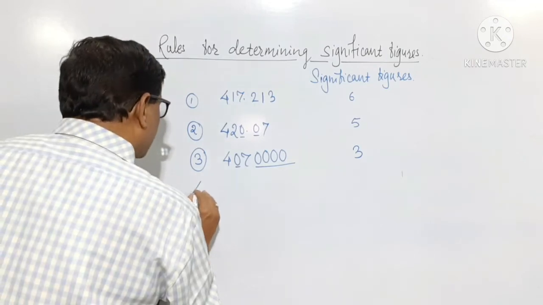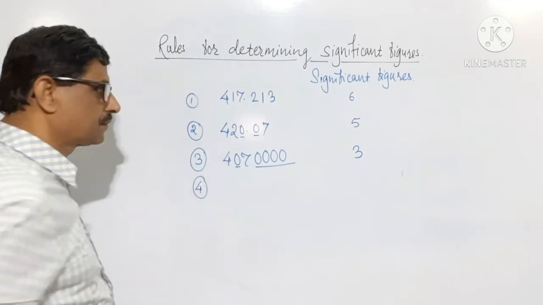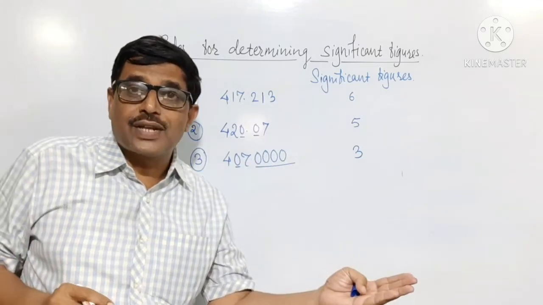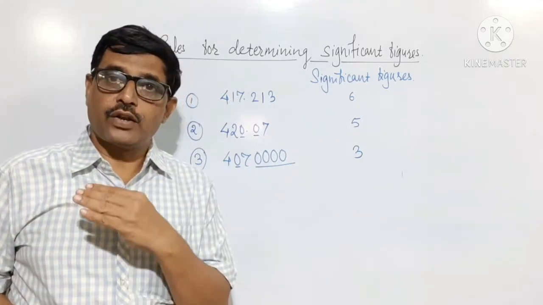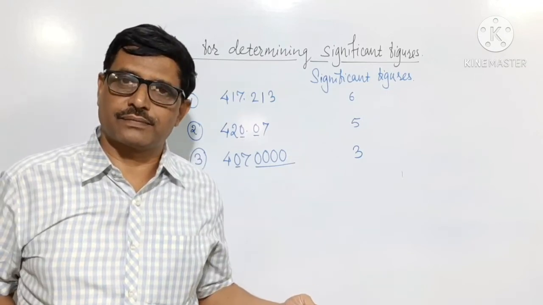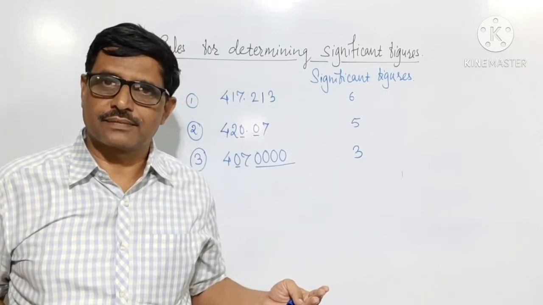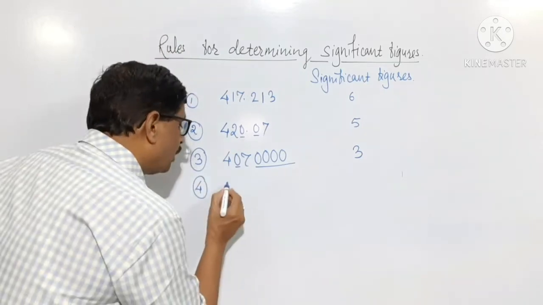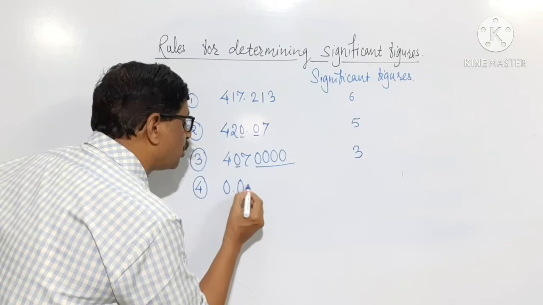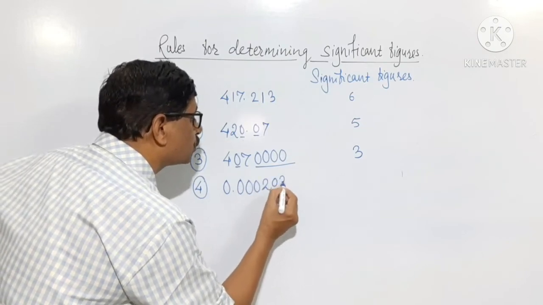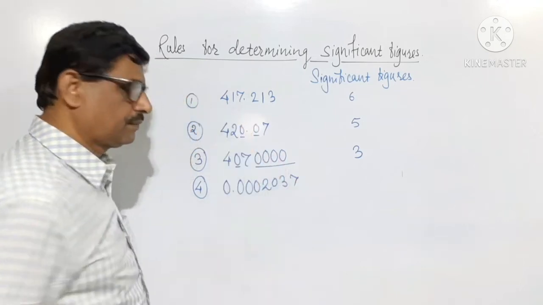The fourth thing is that the zeros to the left of non-zero but after the decimal. If the number is less than 1, it should be 0.002037.